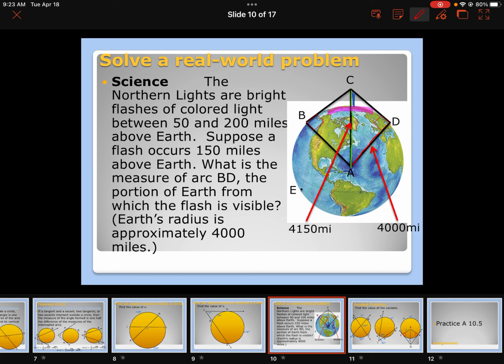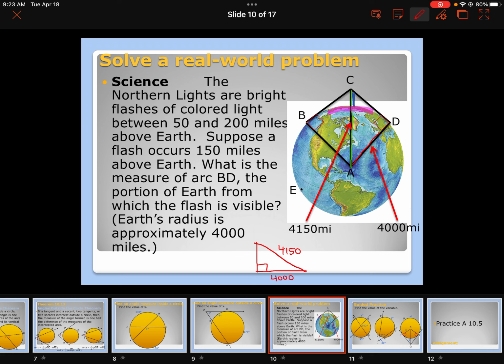I'm really cramped for space here. I'm going to do my best here, guys. In this right triangle, that's 4,000, and your hypotenuse is 4,150. Now, you know everything there is to know about right triangles.